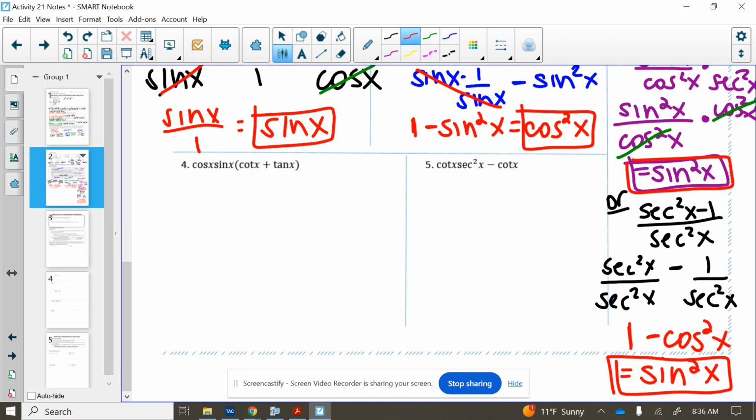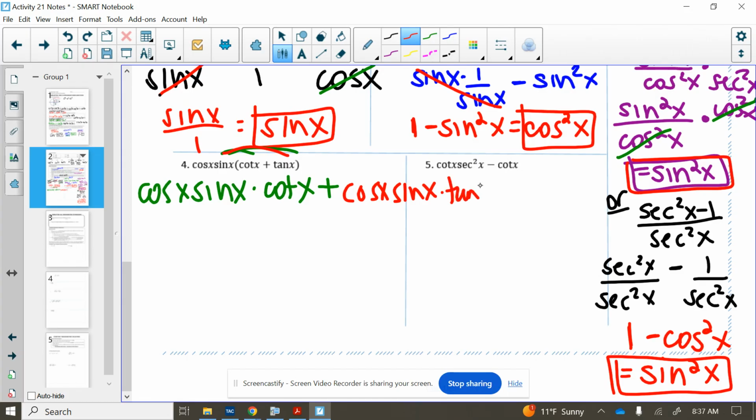For our next example, it's another one where it might be helpful. We see some parentheses. Let's try distributing. So we have cosine of x, sine of x, times cotangent of x. And then we're also going to distribute that to the second part, right? And we have cosine of x, sine of x, times tan of x. Now, if we rewrite each of these, we have cosine x, sine of x, cotangent is cosine over sine.